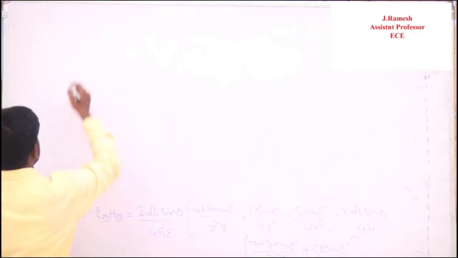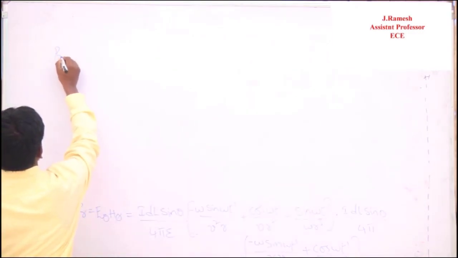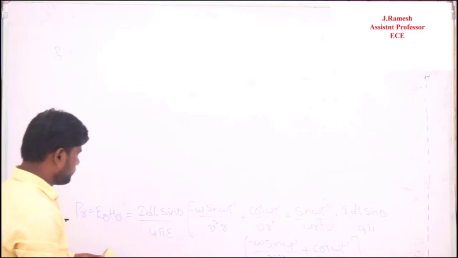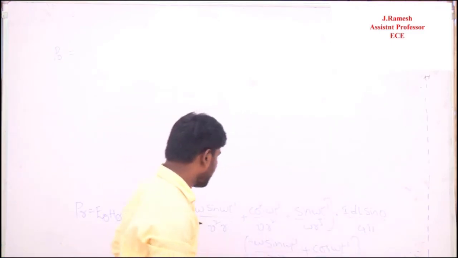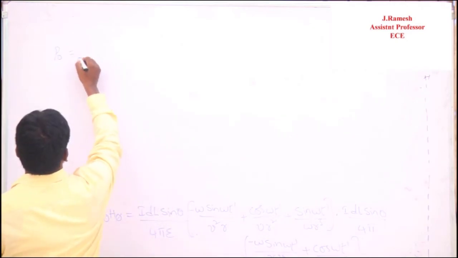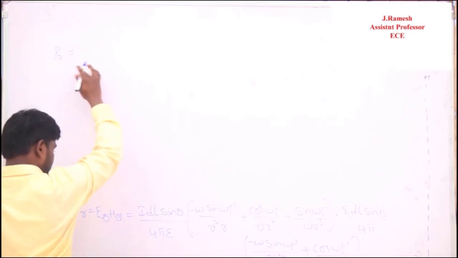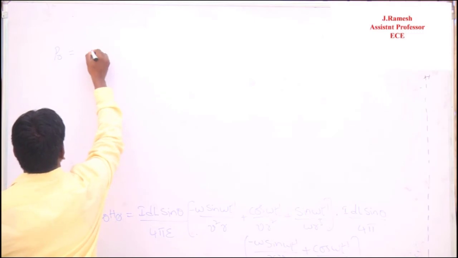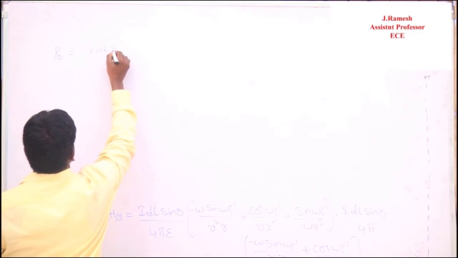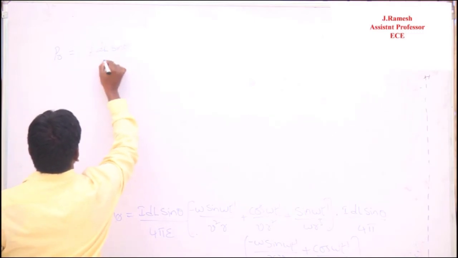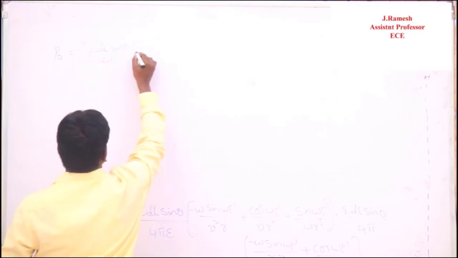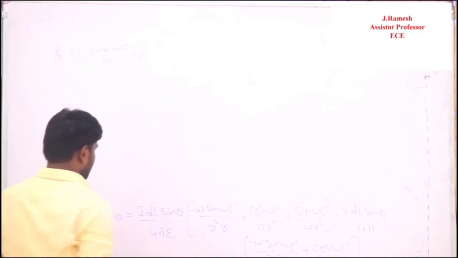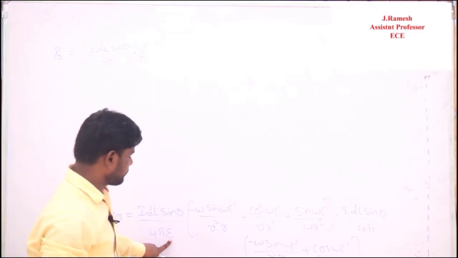So the total power is given by PR is equal to I dl sin theta by 4 pi epsilon naught, I dl sin theta by 4 pi. So here in total I am writing the square. So simply I can write I dl sin theta by 4 pi whole square, and again it should be multiplied with 1 by epsilon, because it is constant only once.